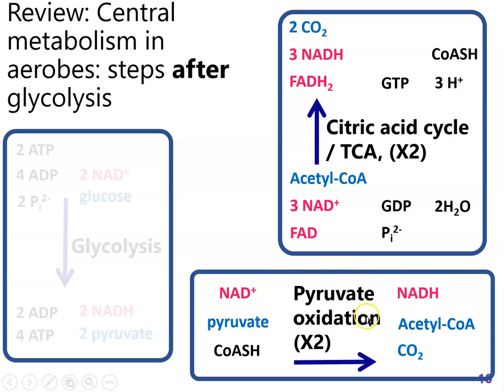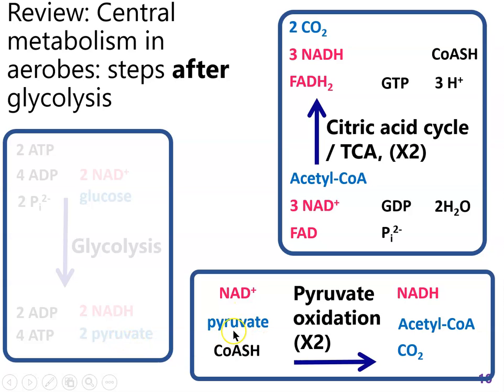The first thing that would happen would be pyruvate oxidation, and everything here would be multiplied by 2. So there'd be 2 NAD+, 2 NADH, 2 pyruvate, 2 acetyl-CoA, 2 coenzyme A, and 2 carbon dioxide. And that comes from the fact that there are 2 pyruvates that result from glycolysis. Remember, glucose is a 6-carbon molecule, pyruvate is a 3-carbon molecule.